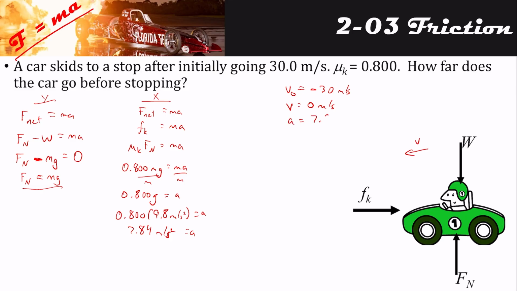Our acceleration is 7.84. And we are accelerating towards the right. The friction is slowing it down, which is pointing towards the right. Let's say our initial position is 0. We are looking for a final position.